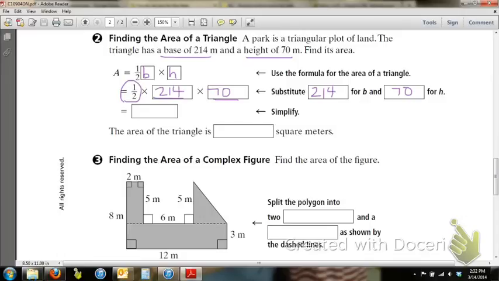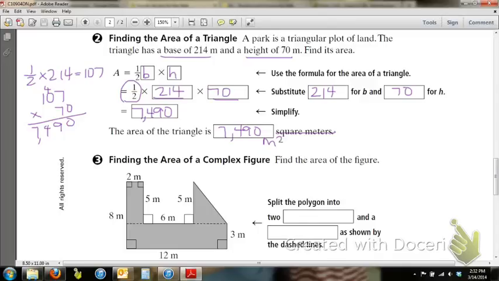But both of these are even, so I'm going to do half of 214. Now I'm not doing half of both numbers. I pick one of my numbers and cut it in half. Well, that's 107. So now I just have to do 107 times 70, which is 7,490. So the area is 7,490 square meters, or meters squared, how we like to say it.